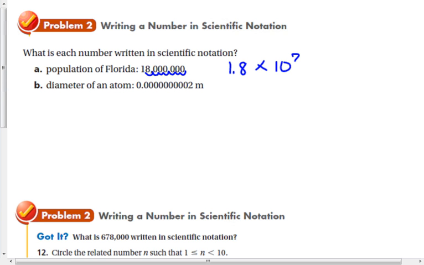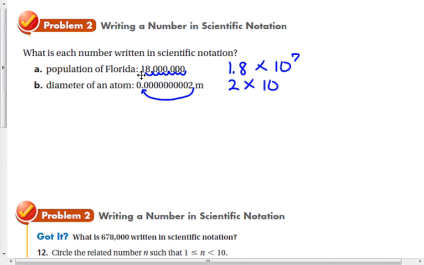All right, and then for a really small number like this one, again, we need a number that's greater than or equal to 1 but less than 10, and that number would be 2. And then we need to multiply by a power of 10 that will move the decimal to the left from that place all the way to there.